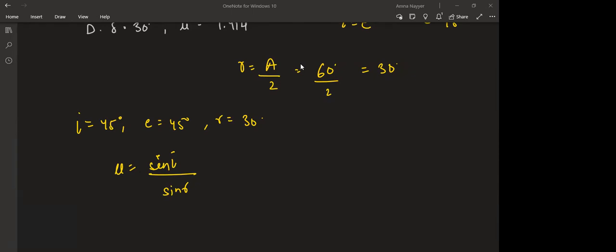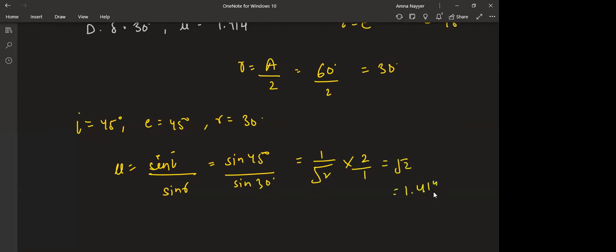So mu is equal to sine i by sine r. So that becomes sine 45 degrees by sine 30 degrees. Now sine 45 by sine 30 is equal to 1 by root 2 multiplied by 2 by 1, which can directly be written as root 2. That is 1.414. Right. This is directly 1.414.